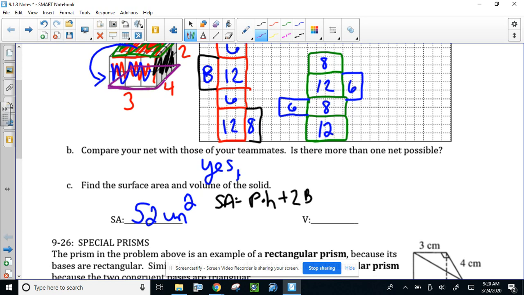So we'd have 3 plus 4 is 7, and another 3 plus 4, another 7. So we would have 14 times the height of the solid, which is 2 units, plus 2 times the area of each base. Well, the area would be 3 by 4 if we're using the bottom as the base. 3 by 4 is 12. So is 28 plus 24 the same thing as 52? And sure enough, it is.